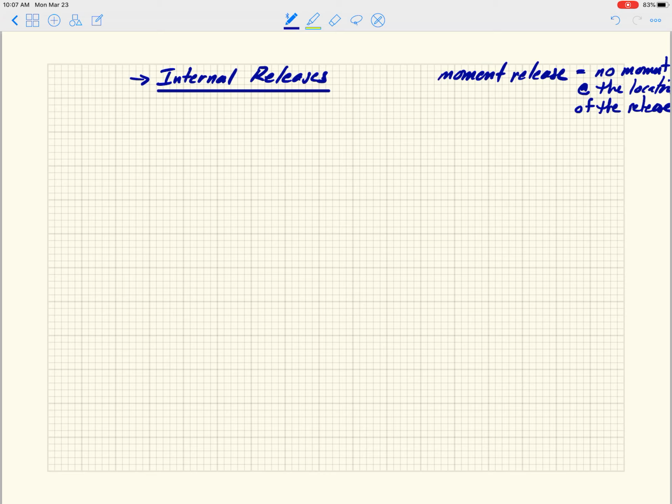There's a number of reasons for why and how we do that. I will tell you that primarily it's a cost issue. So let me give you an example of a very common type of hinge in a structure.